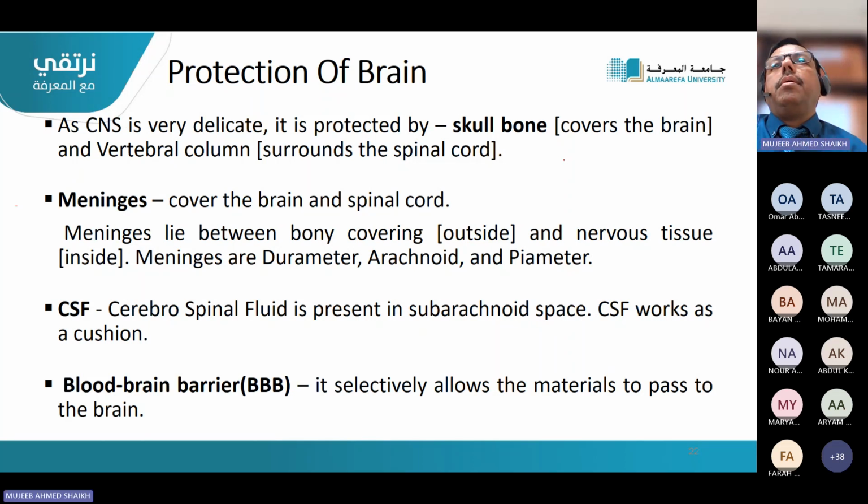If you remember the structure of a vertebral column, you will see that there is a central canal here. This is the vertebra, and here is the central canal. Through this, the spinal cord is passing.